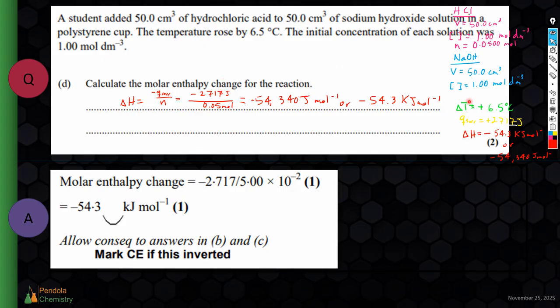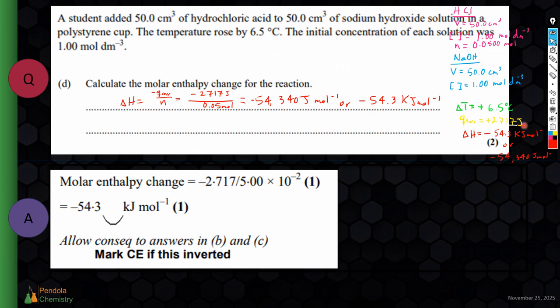And don't get discouraged. If you don't know how to do part B or you don't know how to do part C, then just put a number down and then use it for part D so that you can get some points. And that's very important, error carried forward.